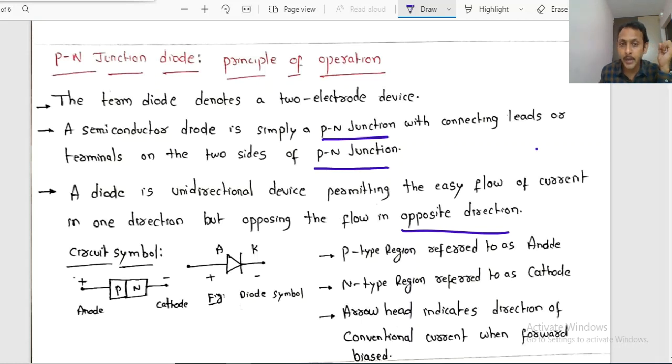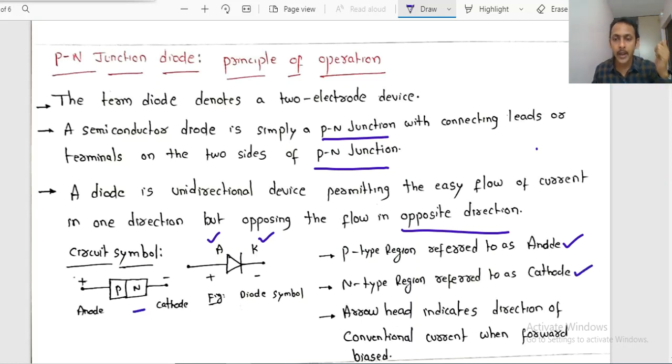One terminal is called the anode, and another one is the cathode. The terminal towards the p side, the p type region, is referred to as the anode. The terminal towards the n type region is referred to as the cathode, right?